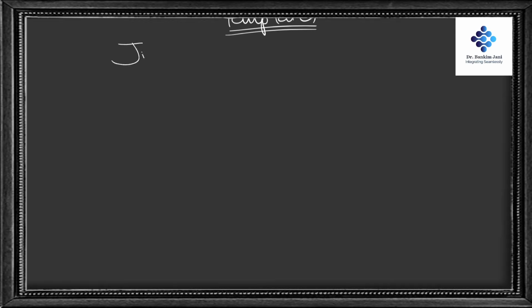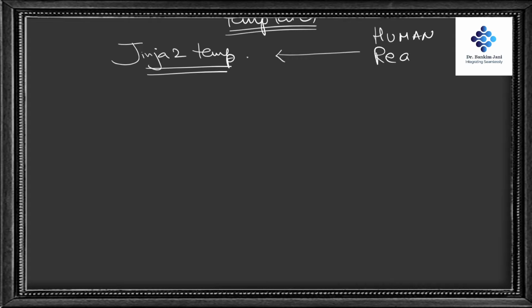Here is something like a Jinja 2 template. The best part about this is that it is human readable. Even if we have never configured anything, we will still be able to understand every piece of it, and you will see how fantastically it has been designed.